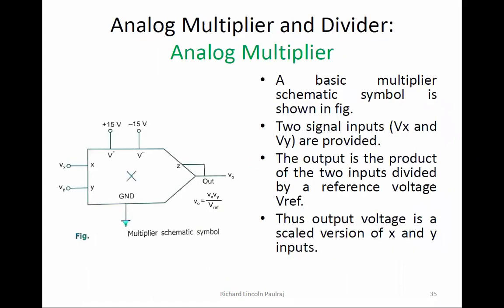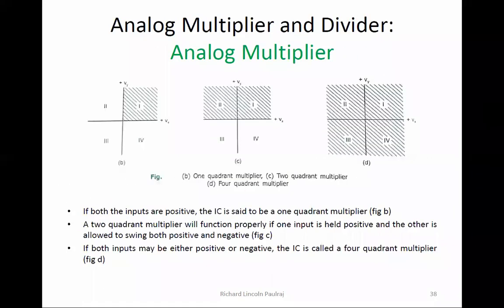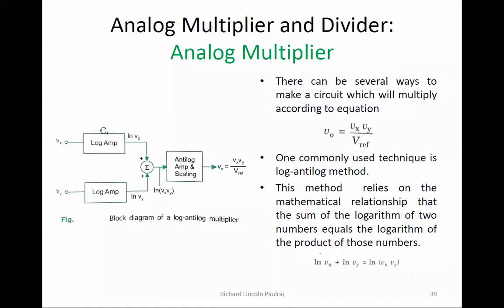So when I say log amplifier here, internally I have that circuit here, and here also I have that circuit, and here I have the summer, the summation. Which means log Vx and log Vy are going to be added, and this is given to the anti-log amplifier, so that we are able to get the anti-log function.